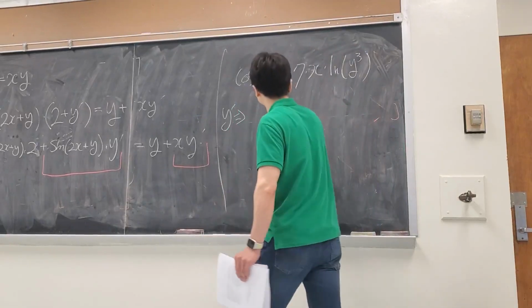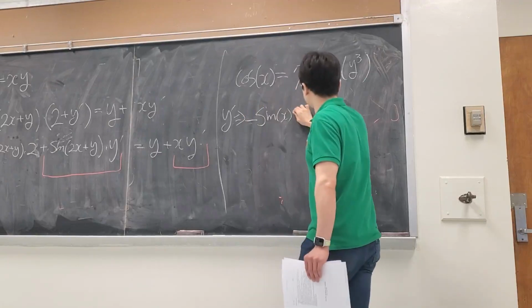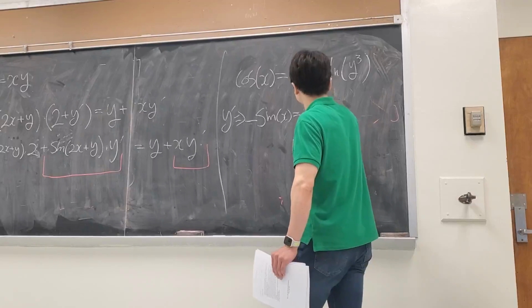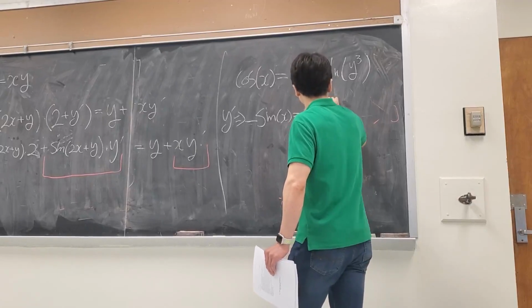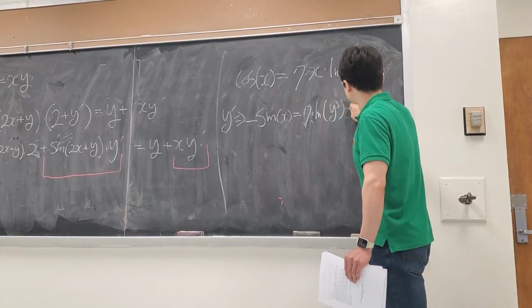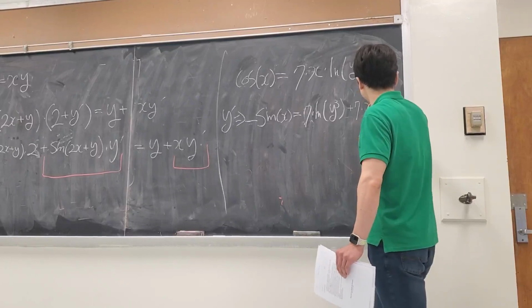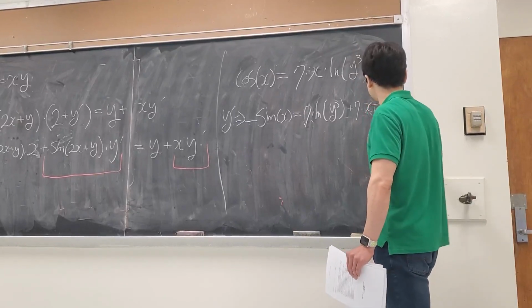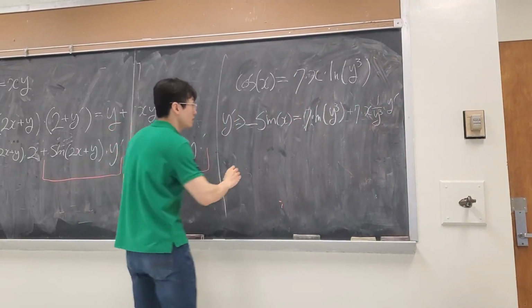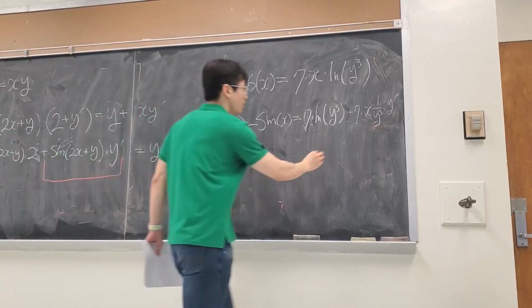So negative sine x is equal to 7 times ln y cubed plus 7x over y cubed times y prime. And then you want to isolate only y prime.